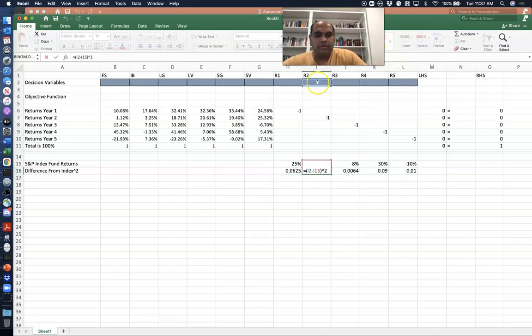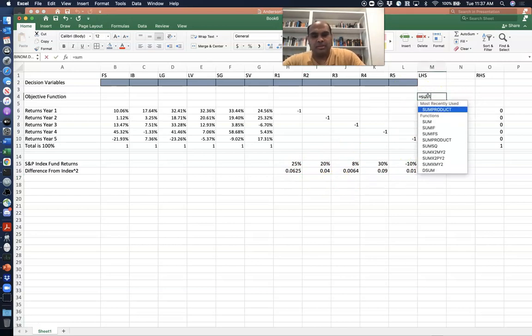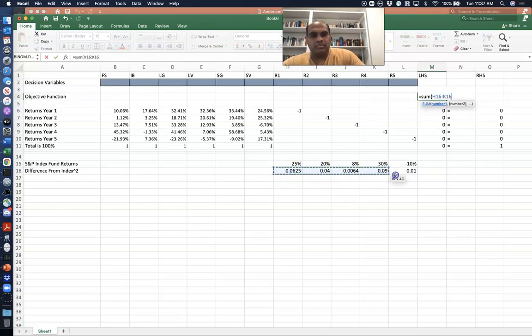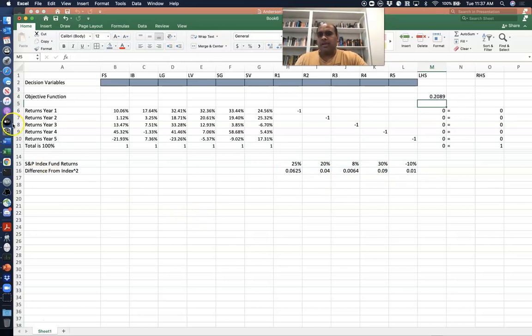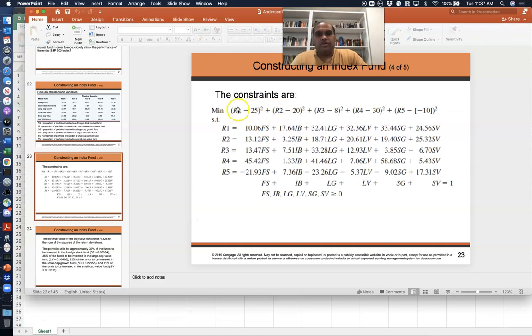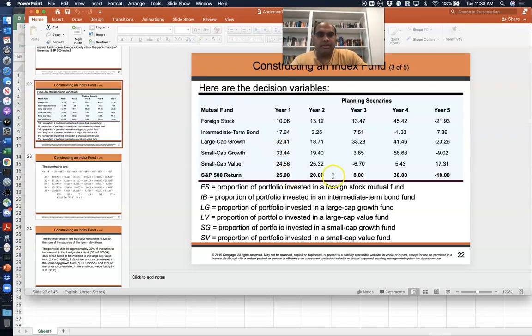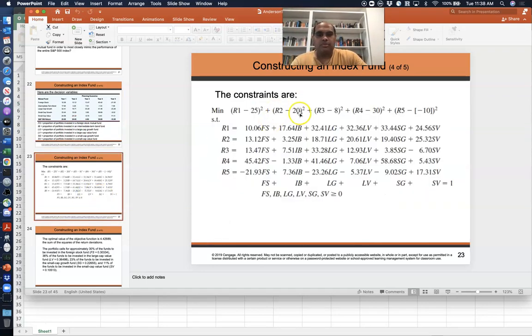So this is the difference between R2 and the S&P index, R3 and the S&P index, R4, R5, and the S&P index, squared. And then the objective is just the sum of these squares. So you take R1 minus the S&P index squared, R2 minus the S&P index, R3 minus the corresponding S&P index.